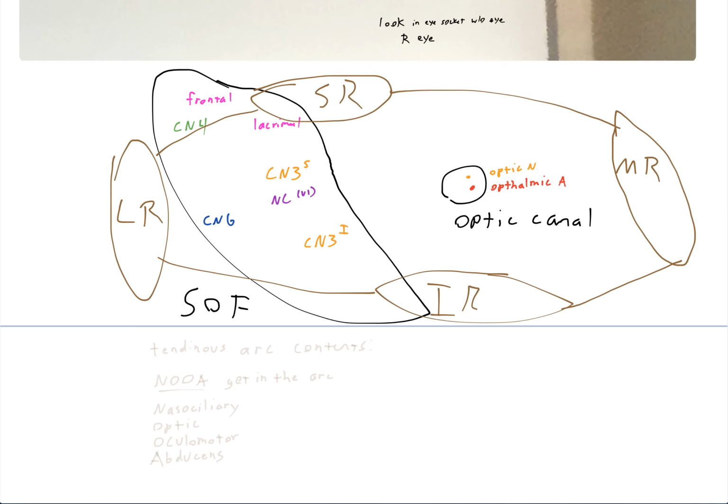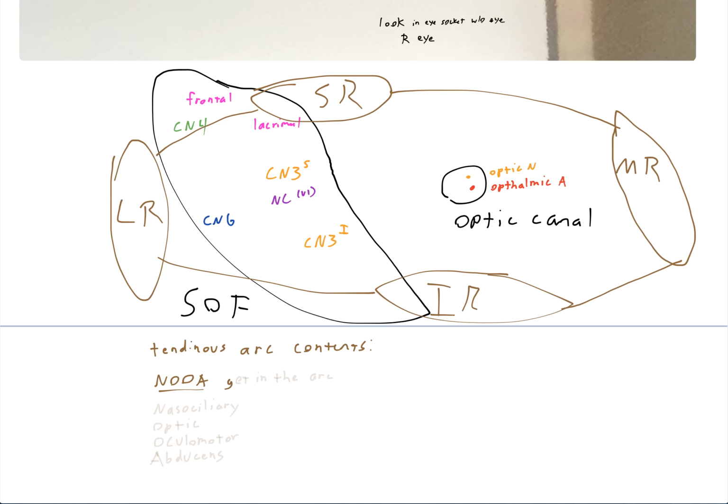It helps me remember what is in the tendinous ring. You've got to know what's in it: nasociliary, optic, oculomotor, and abducens. The other things go through the superior orbital fissure, here, here, and here, but they do not go through the common tendinous ring. There's a high probability you're going to have that question on your test.